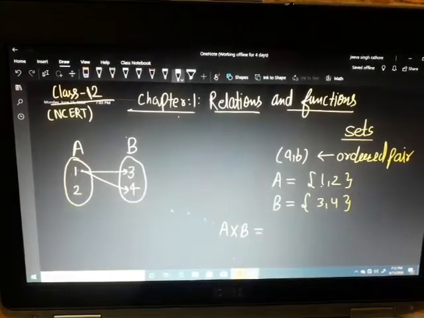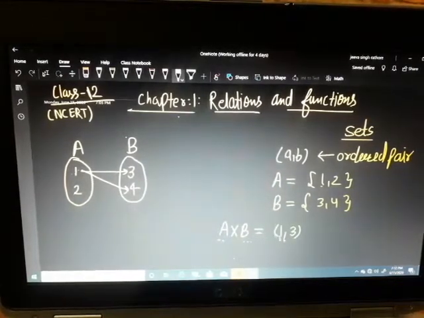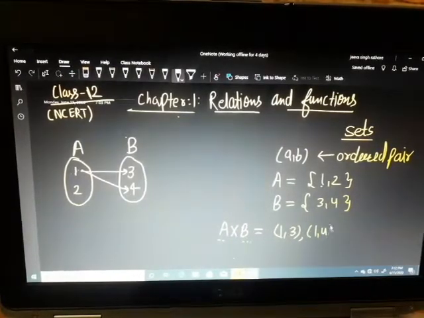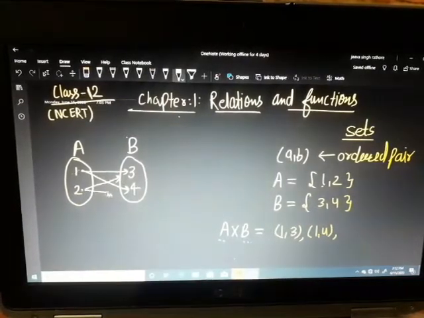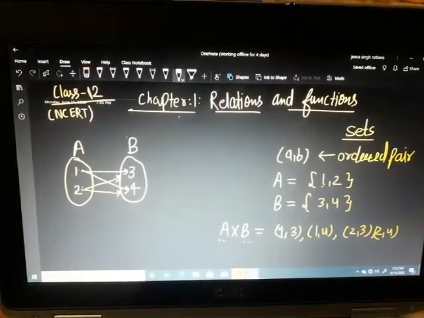I write the first element from set A, then the element from set B. Now I connect 2 with 3 and 2 with 4, that is (2, 3) and (2, 4). This is a set, that's why I put curly brackets.